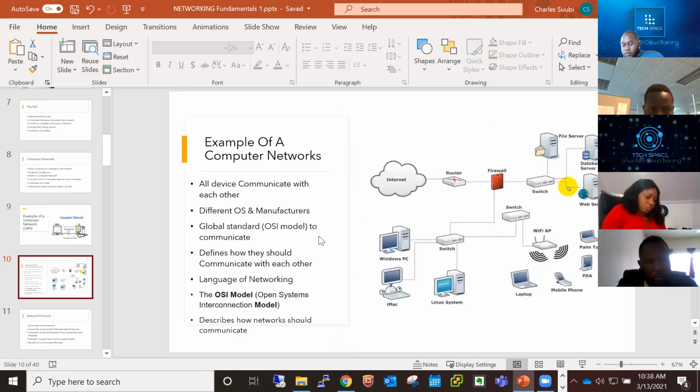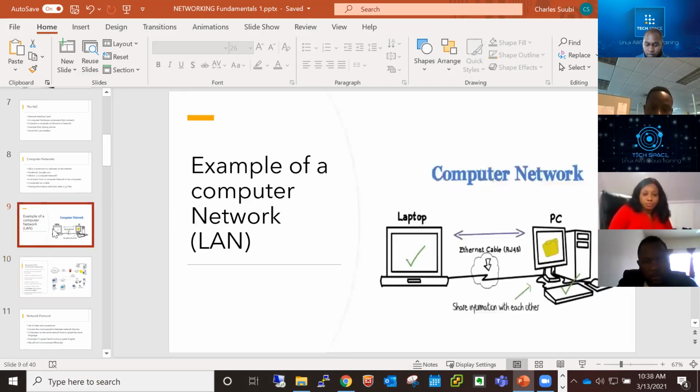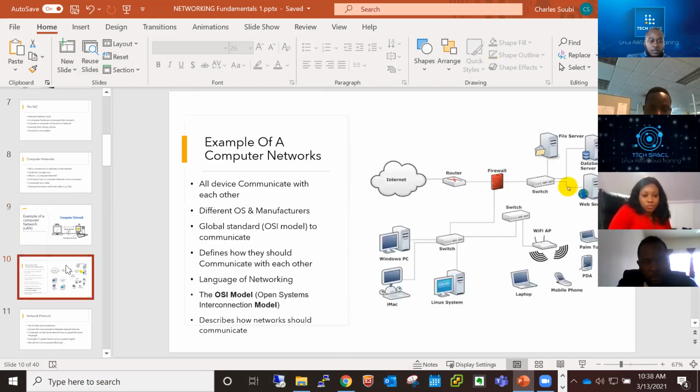So, all right. Guys, here we do have a more complex computer network. We have moved away from just 2 computers or 2 devices sharing information to more devices communicating with each other.